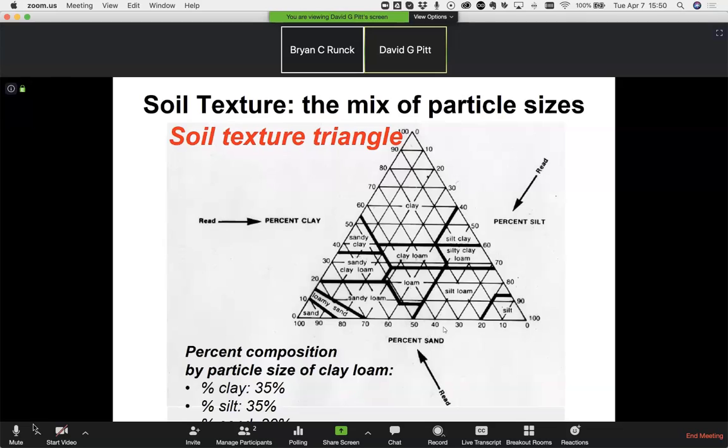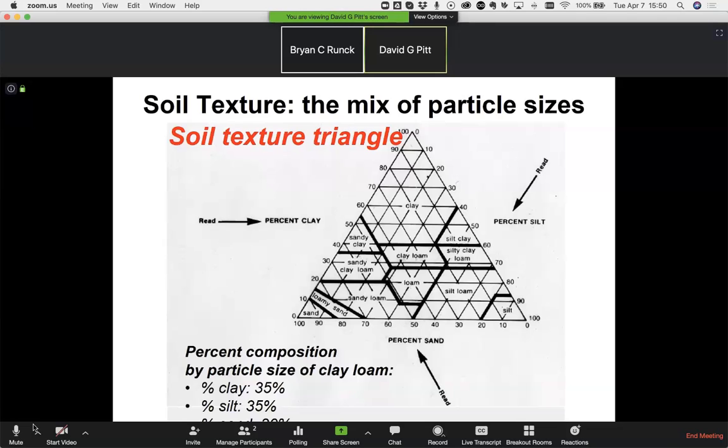And we can talk, for example, about a soil that has 35% clay. It's approximately 1/3 of the way up the percent clay axis, about 35% silt, about 1/3 of the way down the percent silt axis, and about 30% sand, again about 1/3 of the way across the percent sand index.